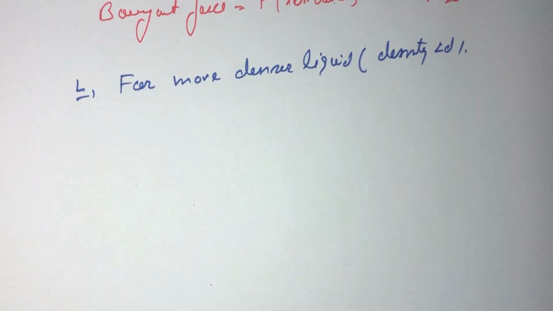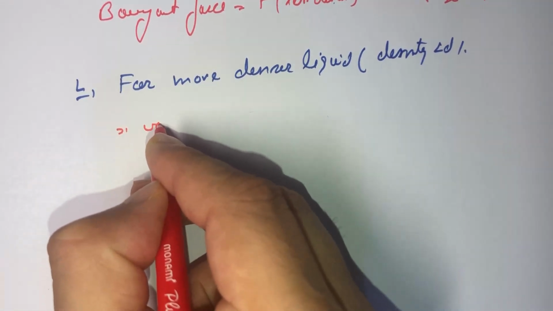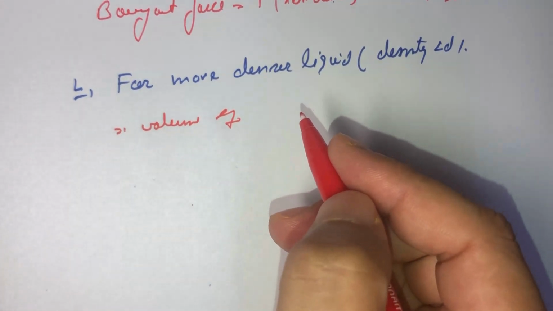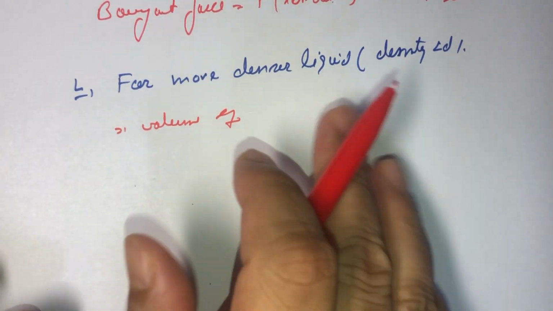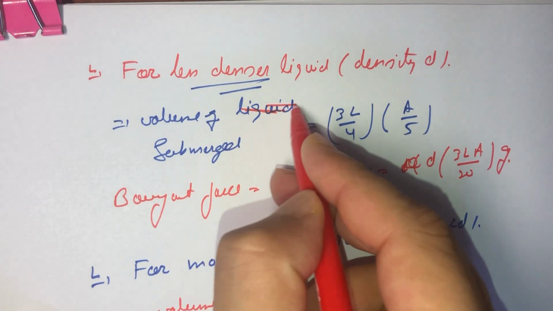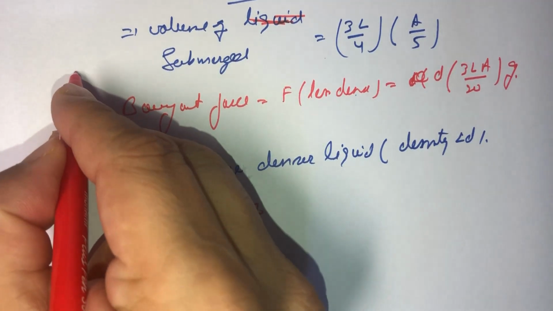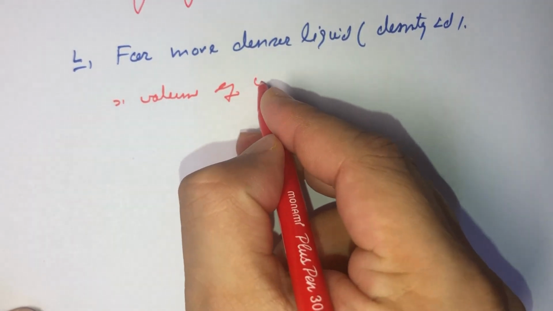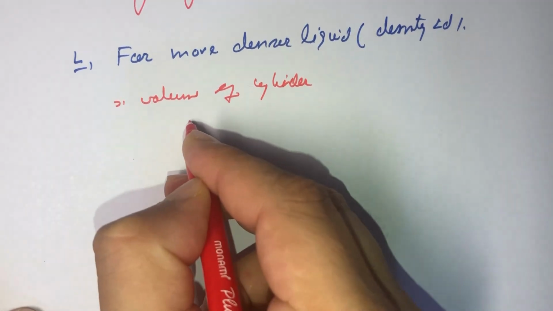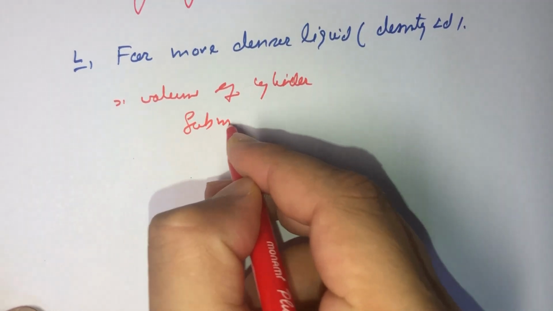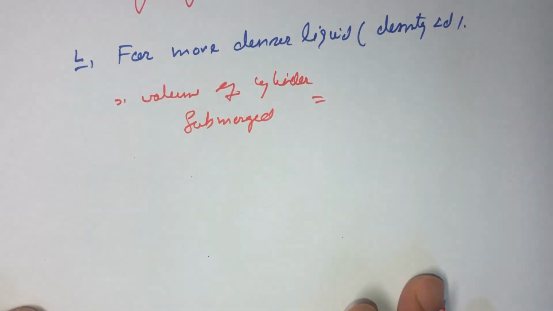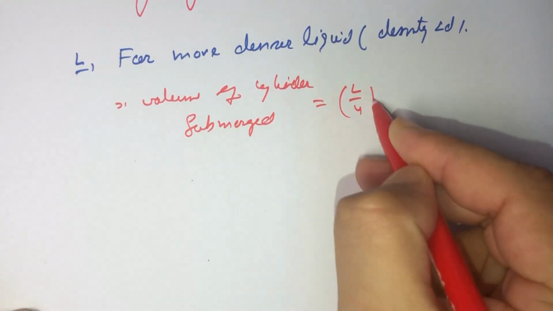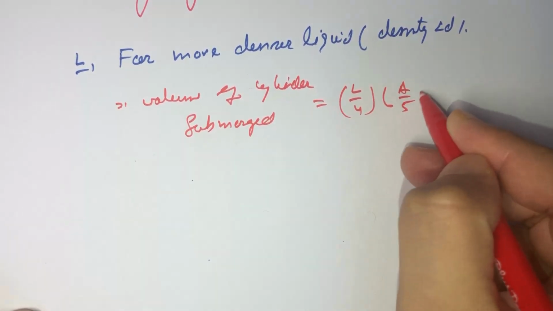So the volume of the cylinder submerged will be equal to the length L/4 times the area of cross section, which is the same, A/5.